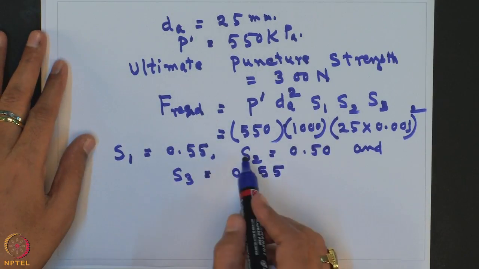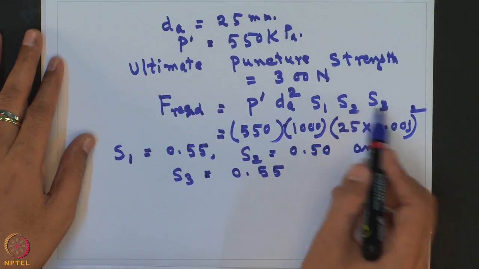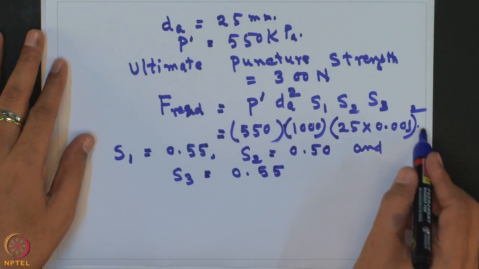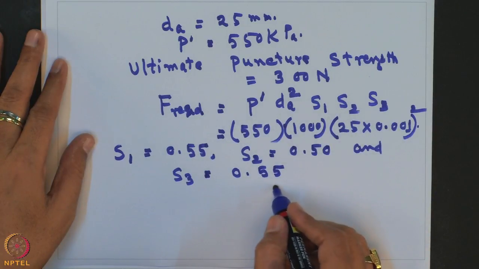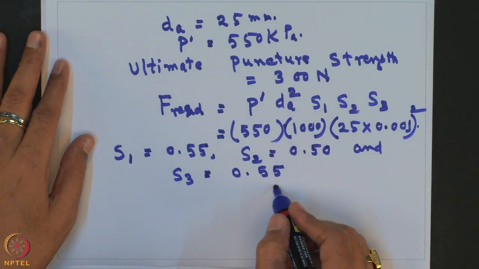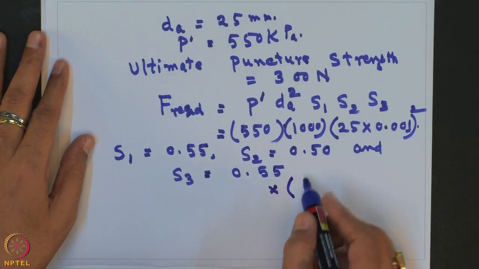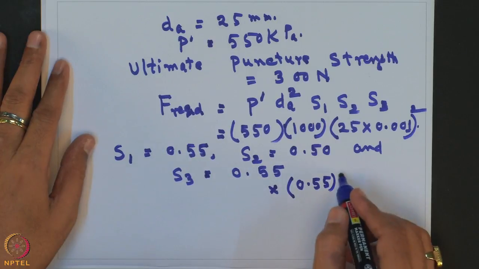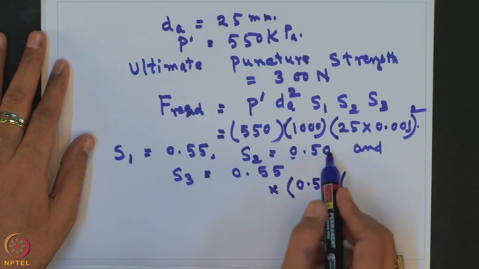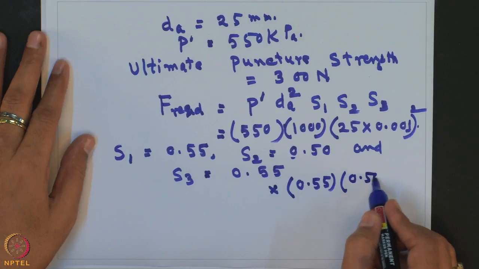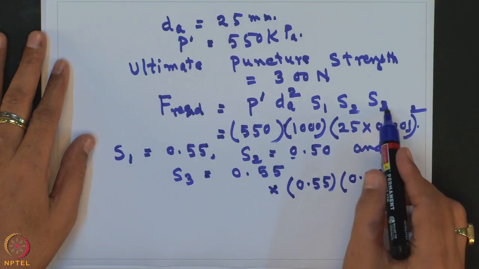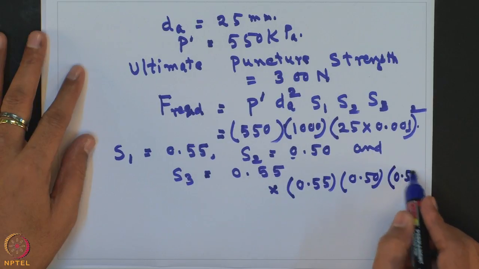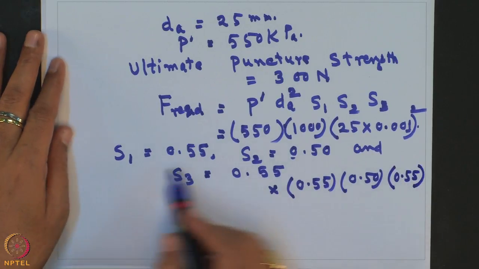So, knowing these values S1, S2 and S3, you have to substitute here. If you multiply, this will be 0.55 for S1, 0.50 for S2 and 0.55 for S3.